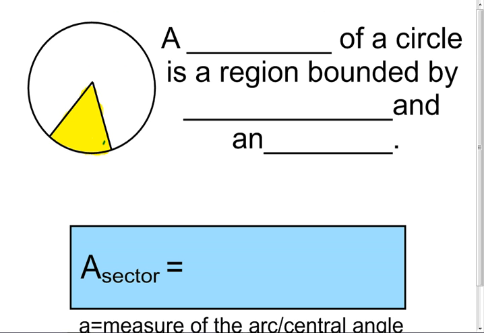Okay, this is my sector. A sector, or a piece of pie of a circle, is a region bounded by 2 radii, this radius and this radius. And it's bounded by this outside piece, which is called an arc.